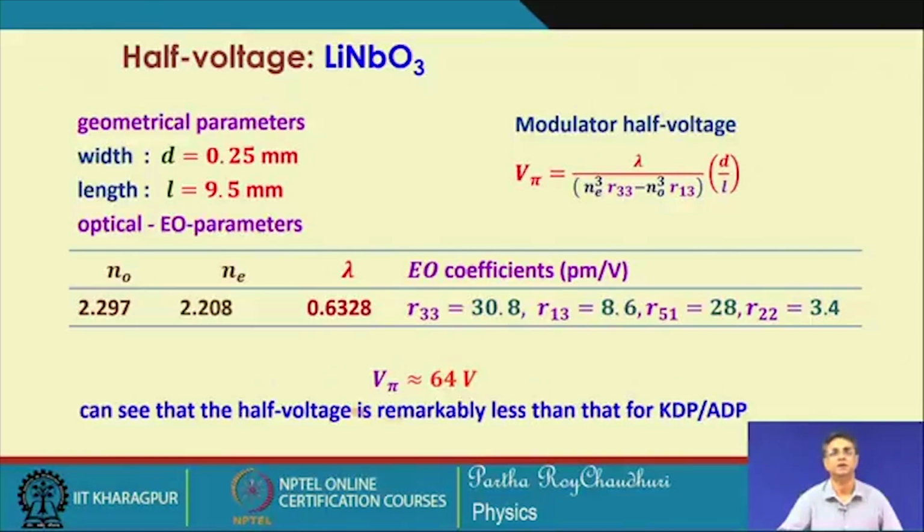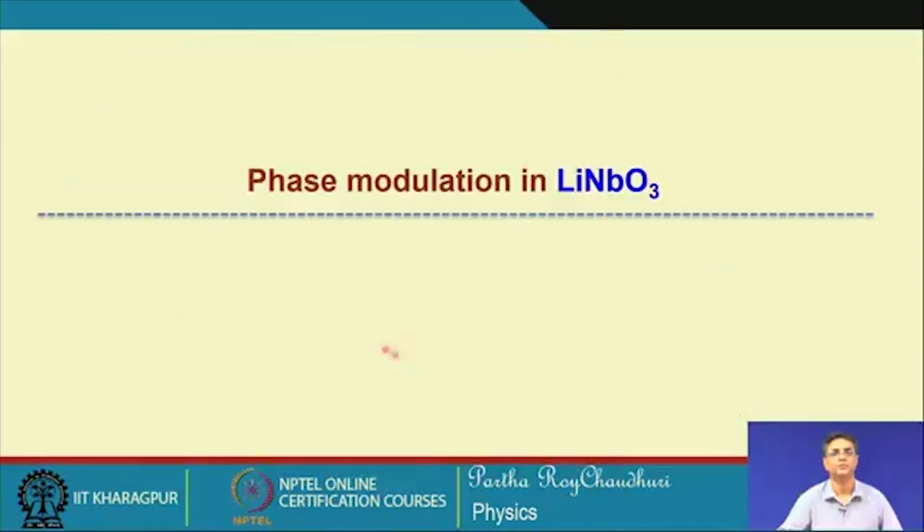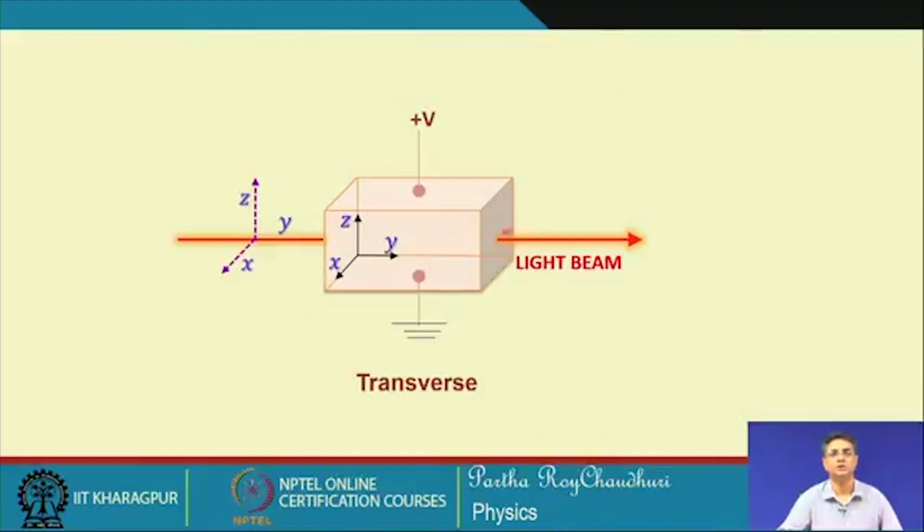It is a great achievement that under this configuration, under this orientation of the crystal with respect to the electric field, with all these parameters, you can bring down the switching voltage from tens of kilovolts to only tens of volts, of the order of 10 to the power of 3 down.